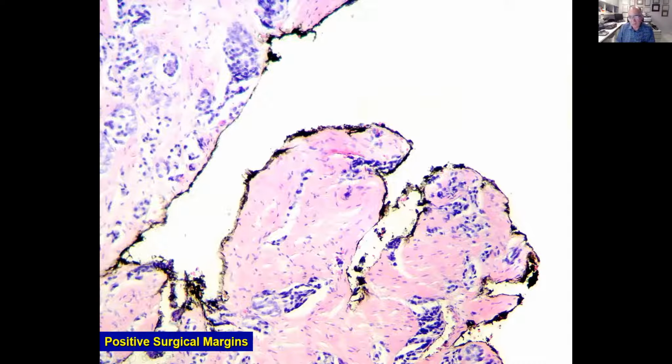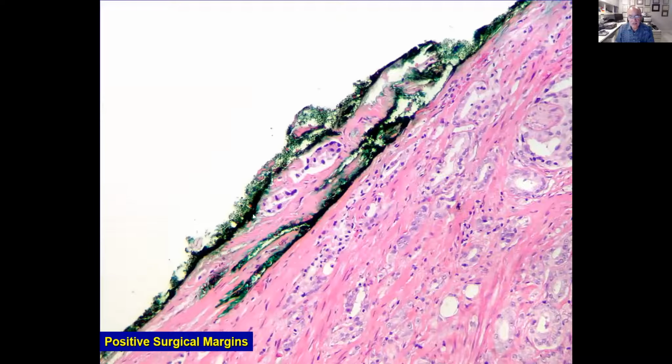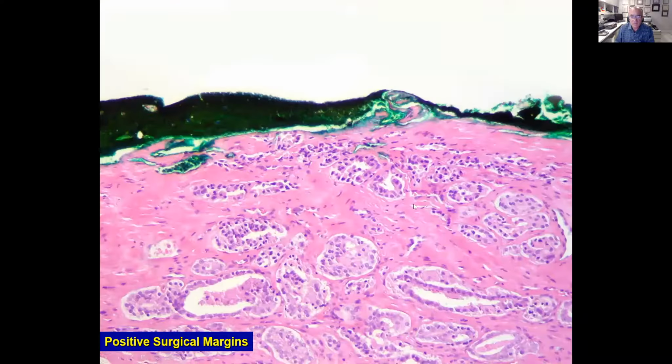And if you find tumor that is touching the ink, of course, the rest of the tumor is still in the patient. And here is another one of those tricky cases where you see tumor with some areas touching the ink, as well as here.